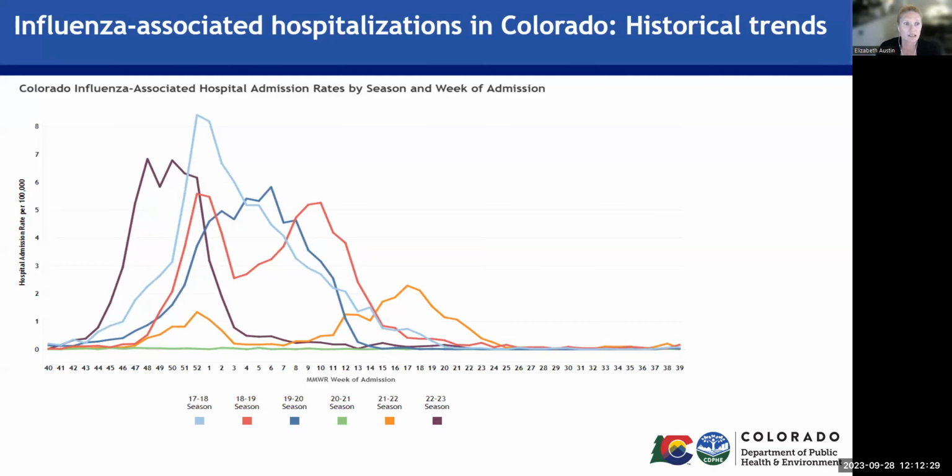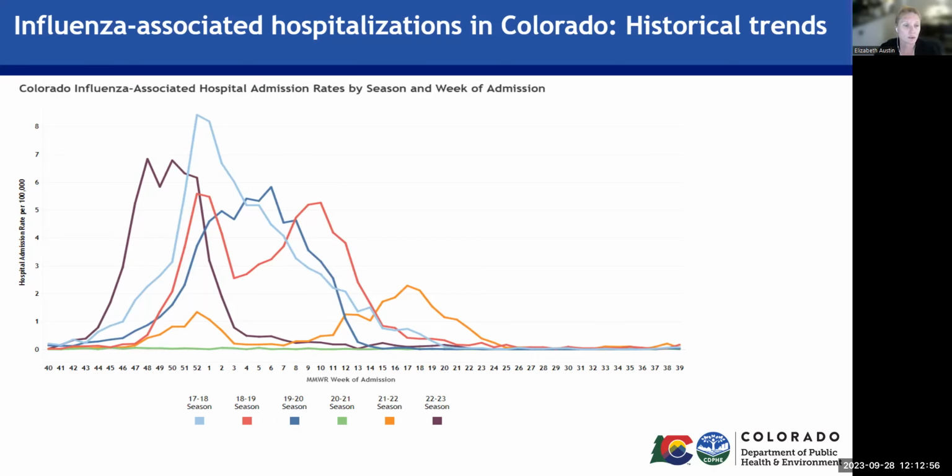As you can see, some seasons show one peak of activity, such as the 17-18 season, while other seasons reflect 2 seasonal peaks, such as the 18-19 season, with a peak during MMWR week 52, which is about the end of December, the last week of the year, and MMWR weeks 10 to 11, which is roughly mid-March.